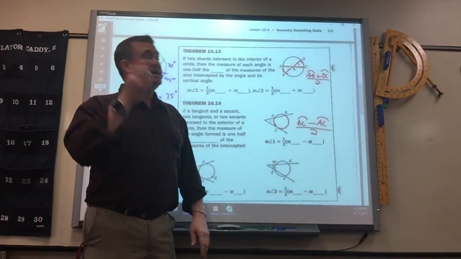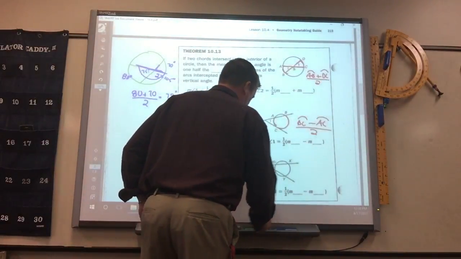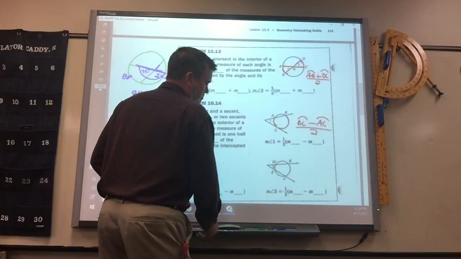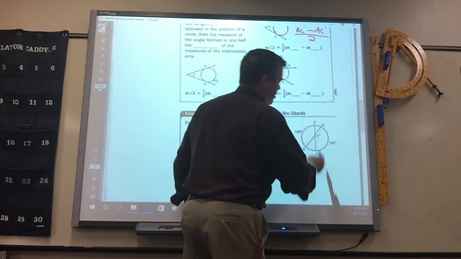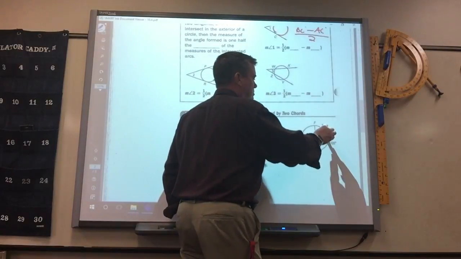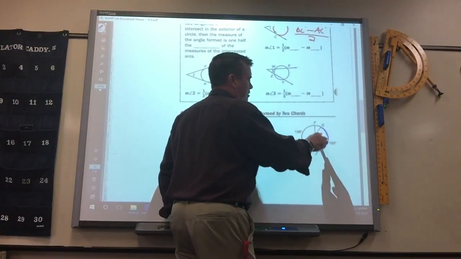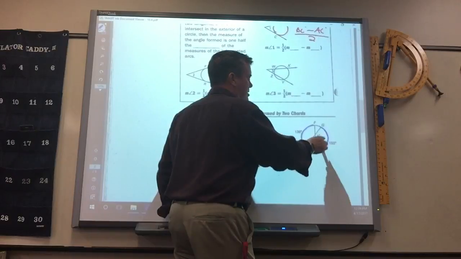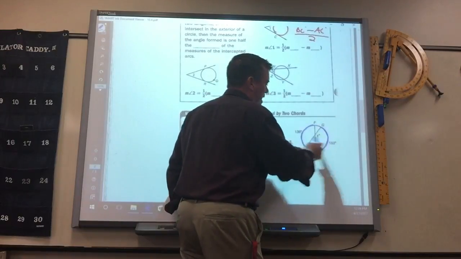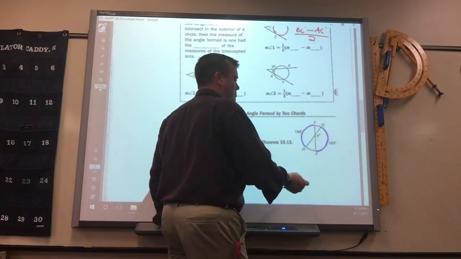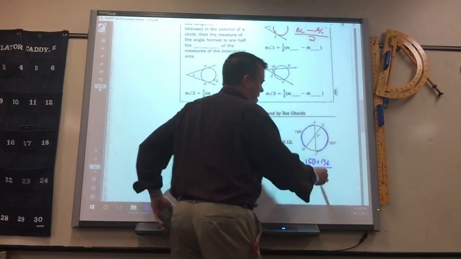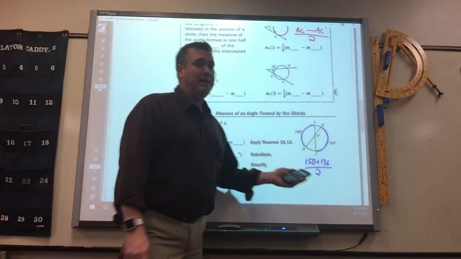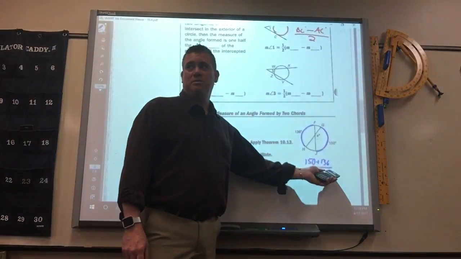Now, common sense kind of comes into play with this. Like for here, they're looking for X. It's inside, so you would add them up and divide by 2. 150 plus 136 divided by 2. Now remember, when you do this on a calculator, you got to press equals.